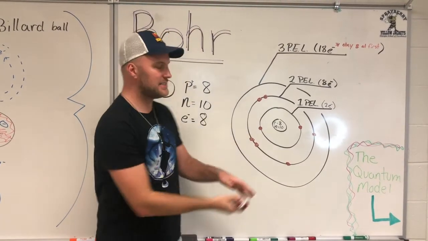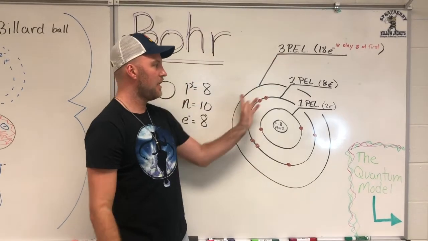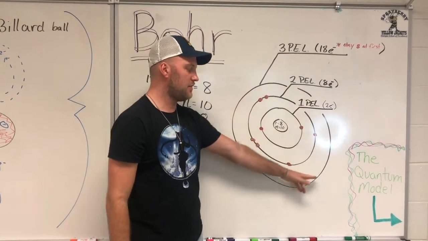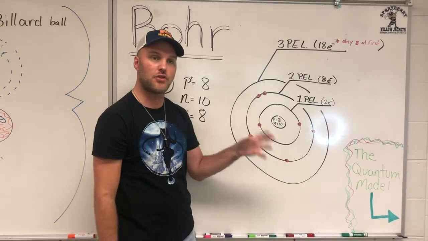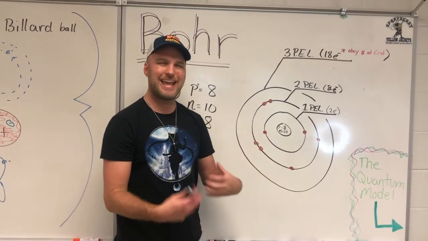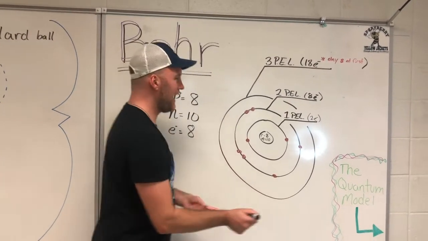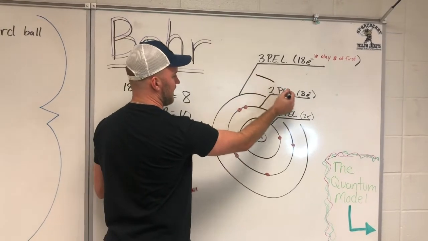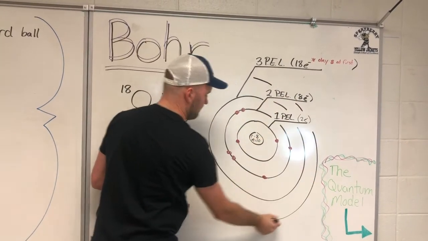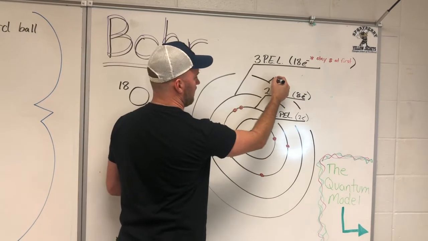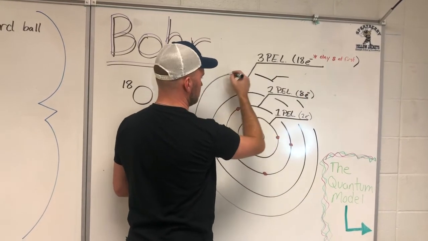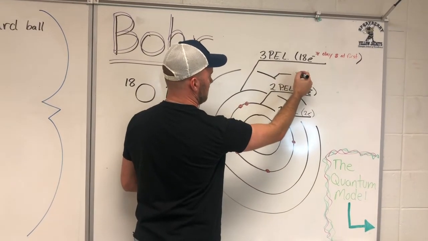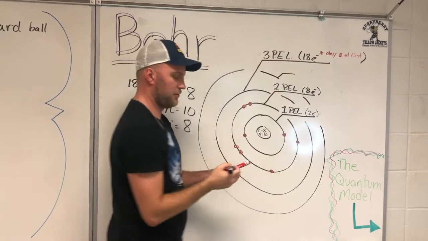So if I wanted to continue building up an even larger atom, I would put 8 electrons in this third principal energy level, the third ring of the atom. Once 8 are there, I actually have to jump up to the fourth principal energy level, place 2 here, and then come back down and fill in the remainder.